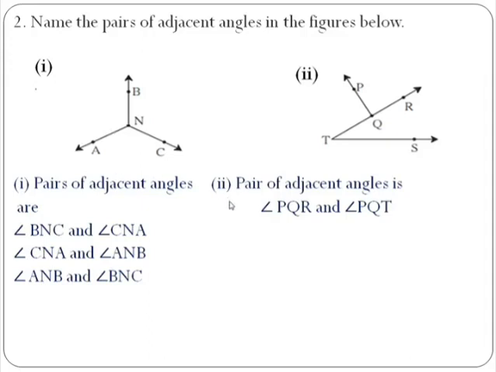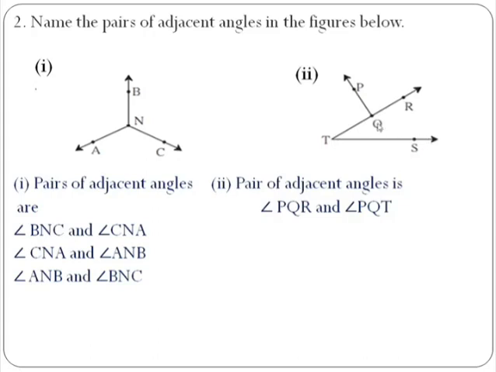Now look at the second example. Here, if you look at this diagram, at vertex T, only one angle is formed, that is angle QTS, or you can name it as angle RTS. Angle QTS or angle RTS are one and the same angle.